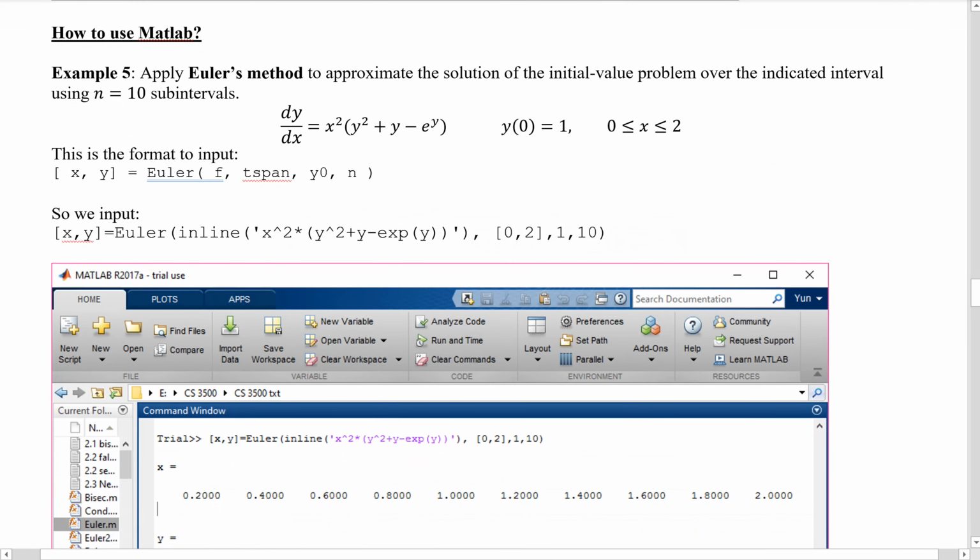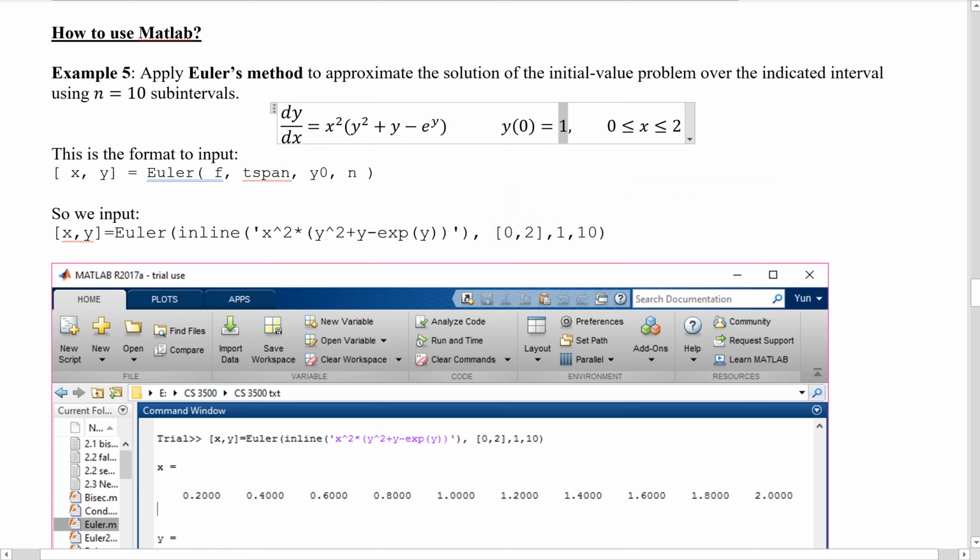The syntax is bracket x comma y, bracket equals Euler, parentheses, f, where f is a function, and t span is the interval. So we have the interval from 0 to 2, then you put the bracket 0 comma 2 there, and y0 is 1, n equals 10.